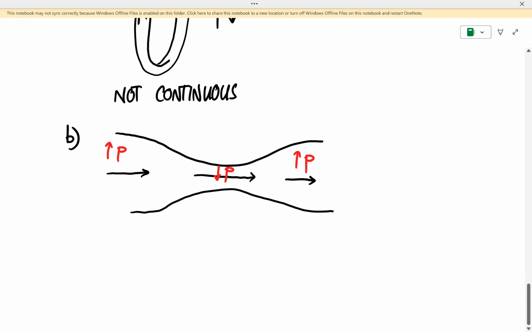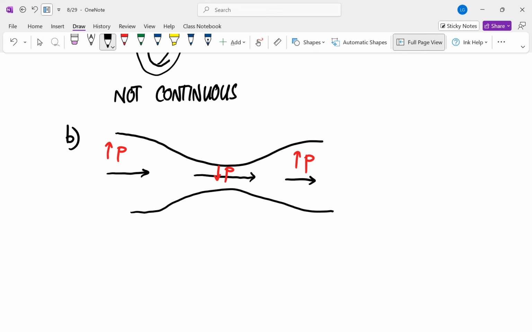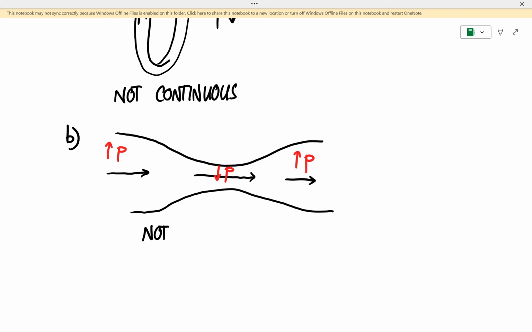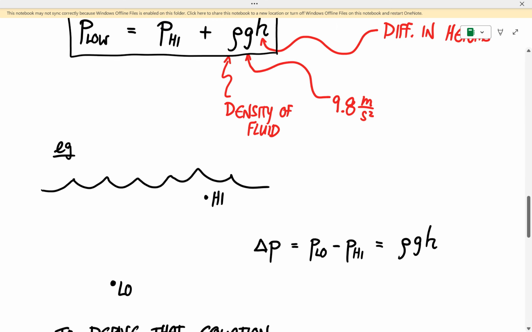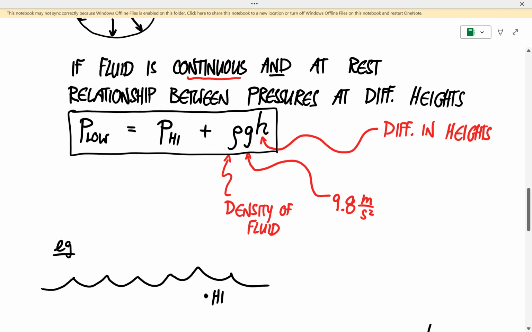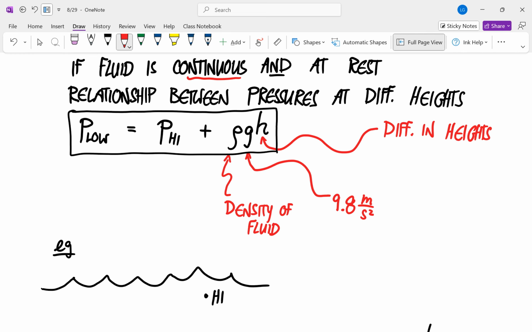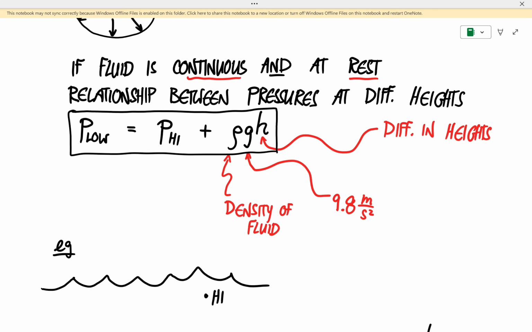So why doesn't the equation work in this case? Not at rest, exactly. This is something to always ask yourself in any engineering science class, when you see an equation, remind yourself that the key to using it is understanding what the restrictions are. What are the restrictions here? This works for any fluid, but the fluid has to be continuous and at rest.